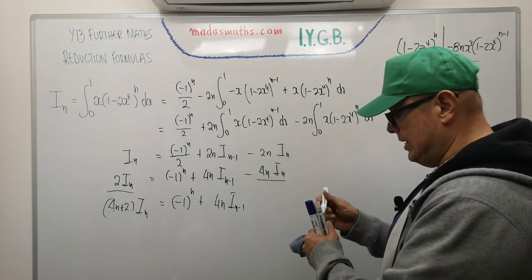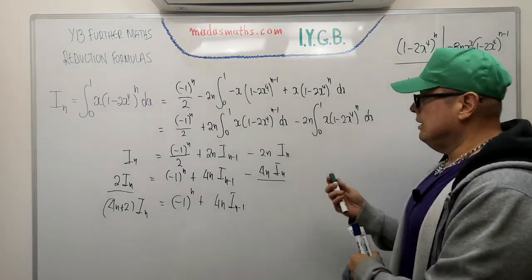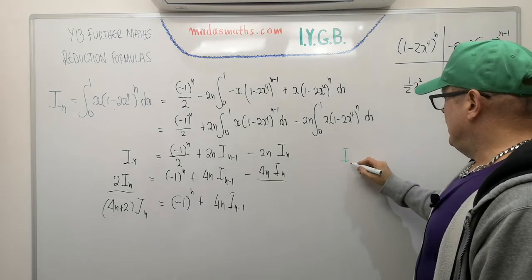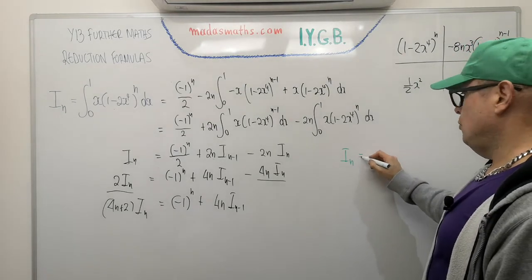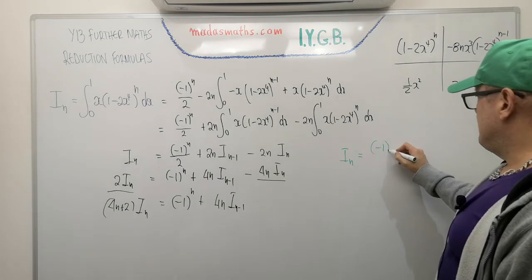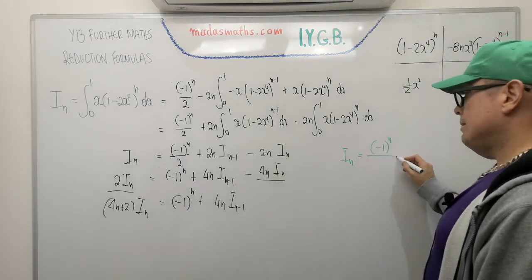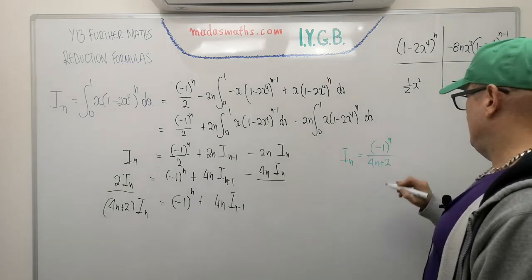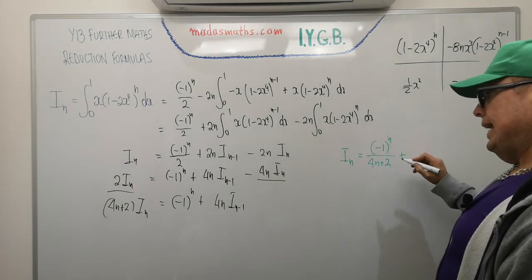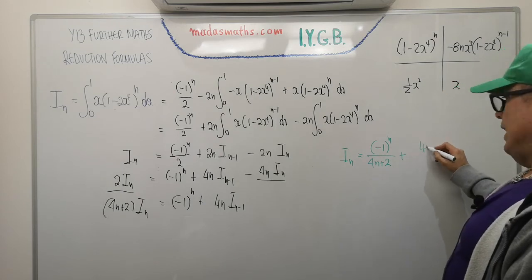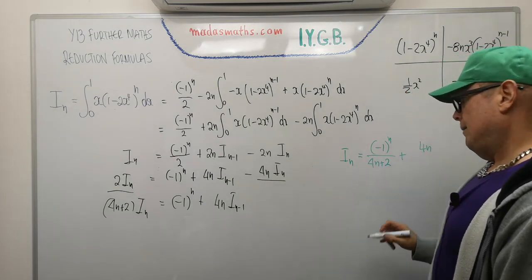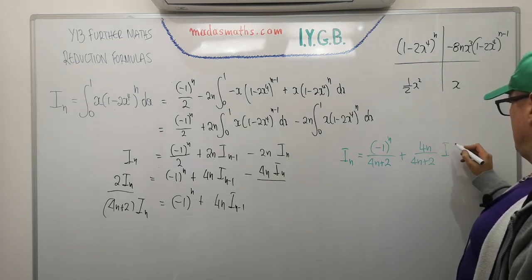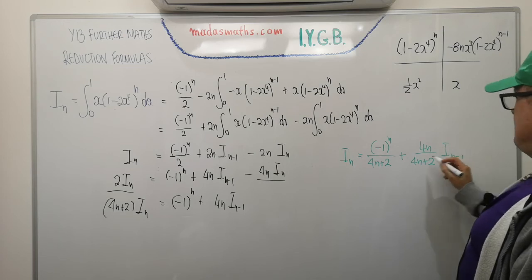And of course my final reduction formula, let me write it in green up here, is going to be my I_n is going to equal minus 1 to the power of n divided by 4n plus 2, and then I'm going to have a plus 4n divided by 4n plus 2 lots of I_(n-1).